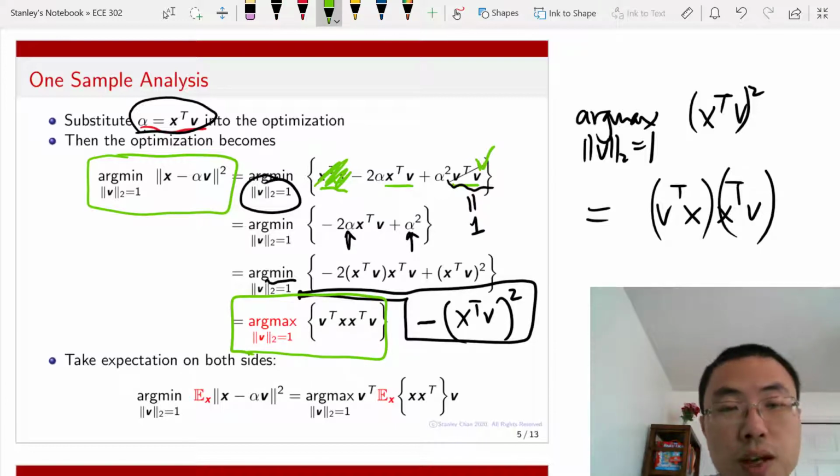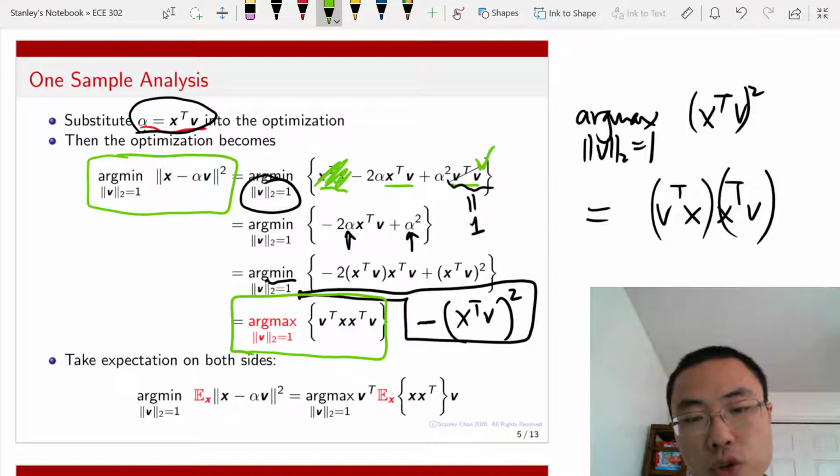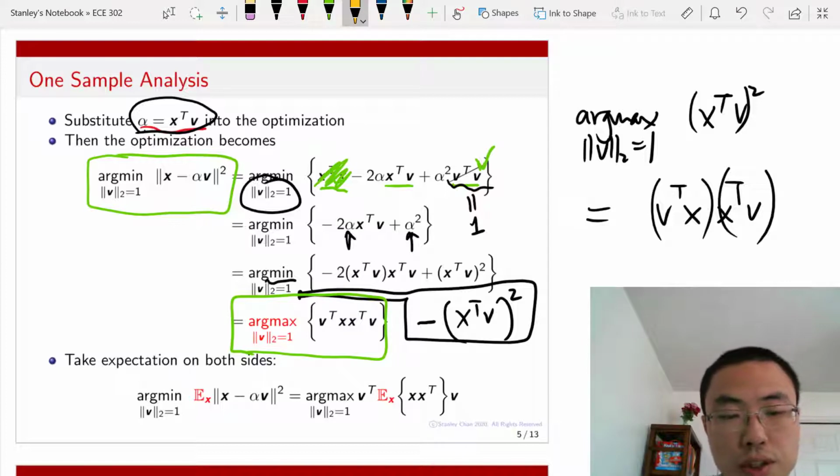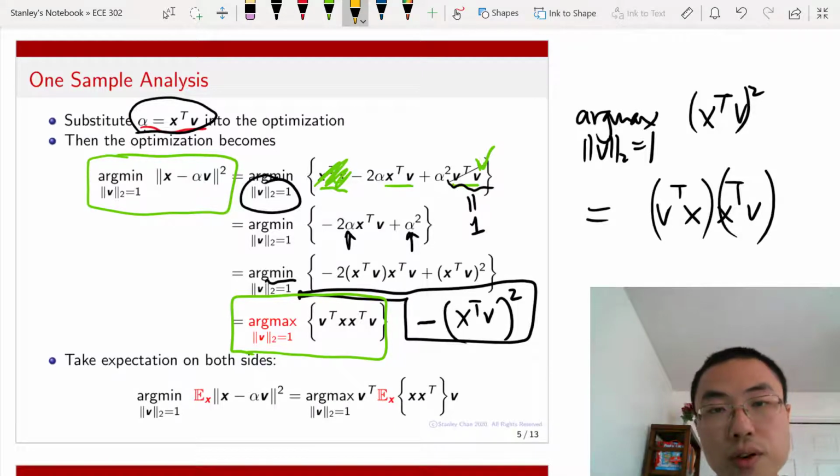So it says that this minimization problem is equivalent to this maximization problem in terms of v, where x is a known vector. Now, finally, what we are going to do is take the expectation on the optimization problem, because we know that x is a random vector.